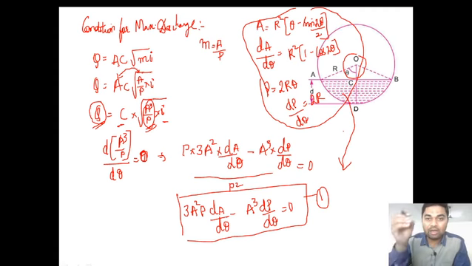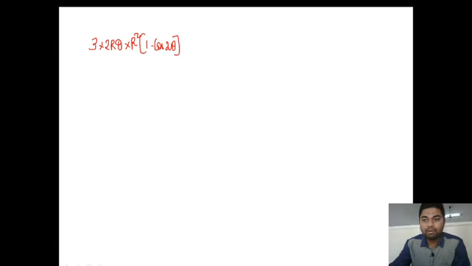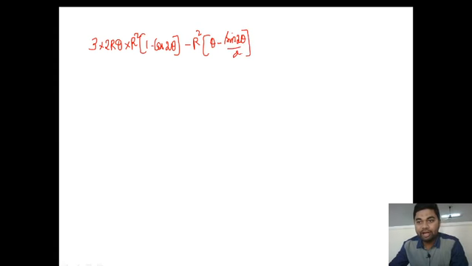On substituting all these values into equation 1, it transforms as follows: 3 into 2r theta into r square into 1 minus cos 2 theta, minus r square into theta minus sin 2 theta by 2 into 2r is equal to 0.